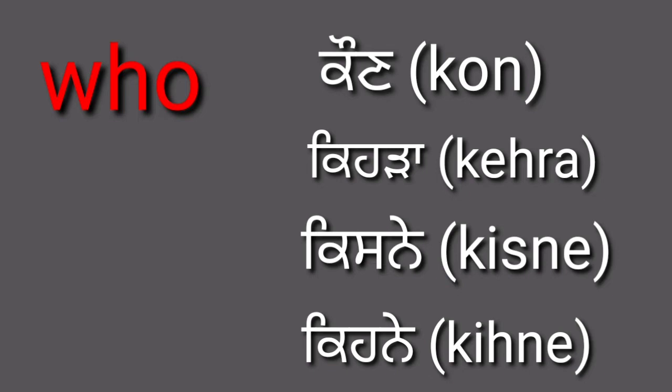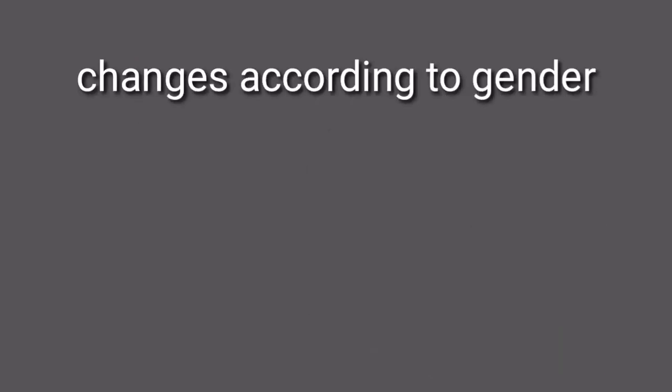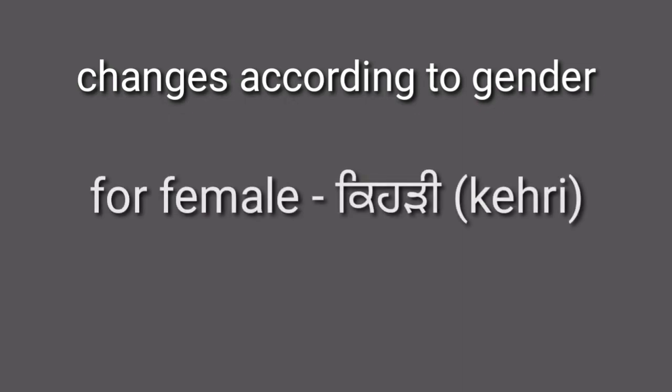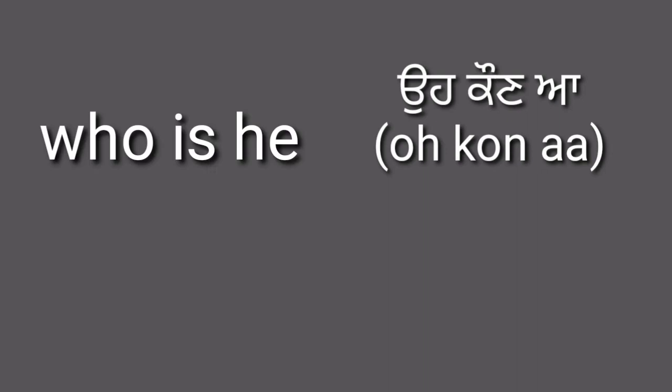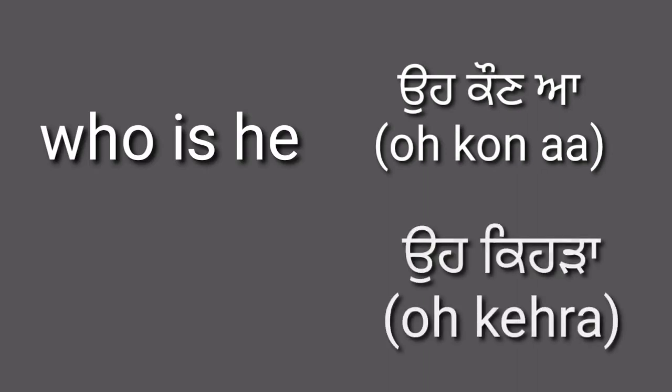If you are using keda, then it changes according to the gender: for female kedi, for male keda. So now I'm gonna give you some examples. O kauna, who is he? Or you can say o keda. O kauna and o keda are the same thing.